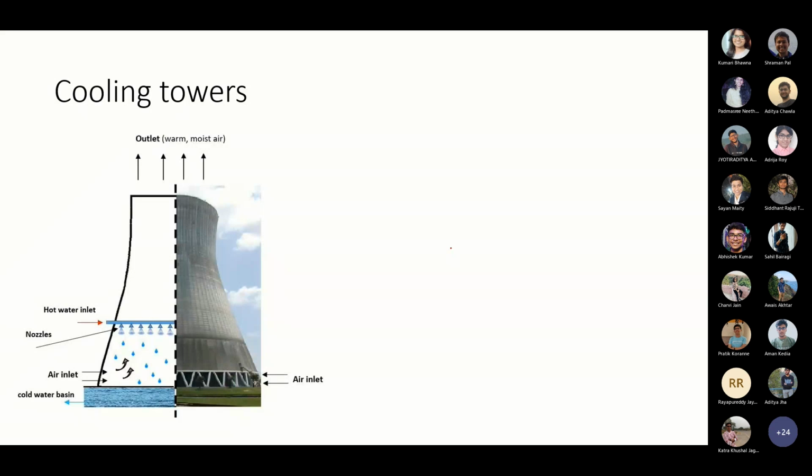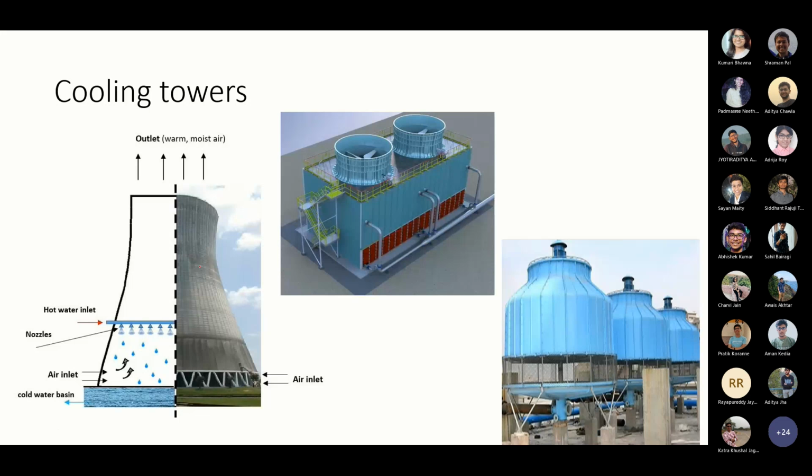If it is hot, we cannot introduce it, because that hot condition can increase the BOD level, or can kill aquatic life, or can create other environmental hazards. So we need to cool the hot water. If you want to cool the hot processed water with the help of air, we use cooling towers. These are natural draft cooling towers, and these are called forced draft cooling towers.